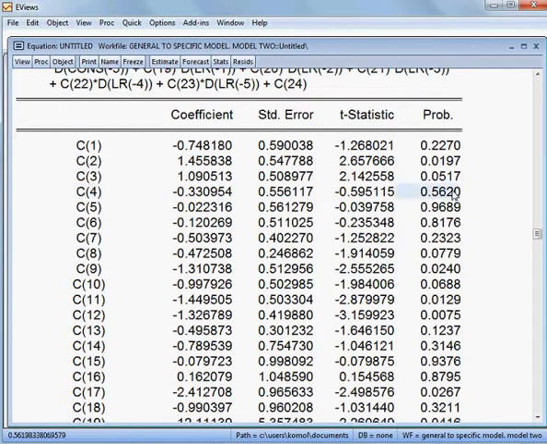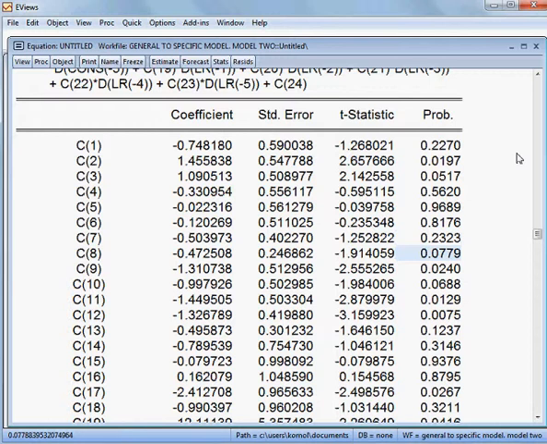Okay, so C1, C2, C3 I shall be keeping. C4, no, the p value is 56.2%, meaning more than 5%, meaning that C4 is not significant. So I shall be dropping C4. Then C5, it is not significant also. C6 not significant. C7 not significant.